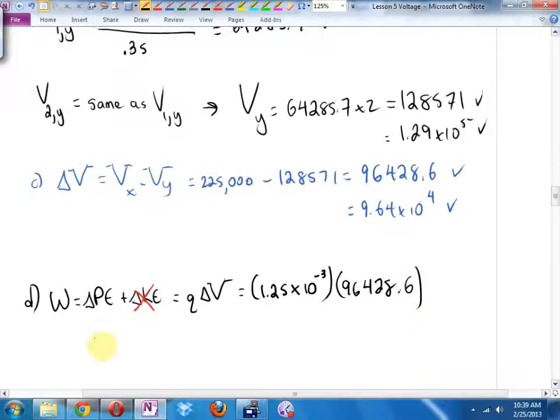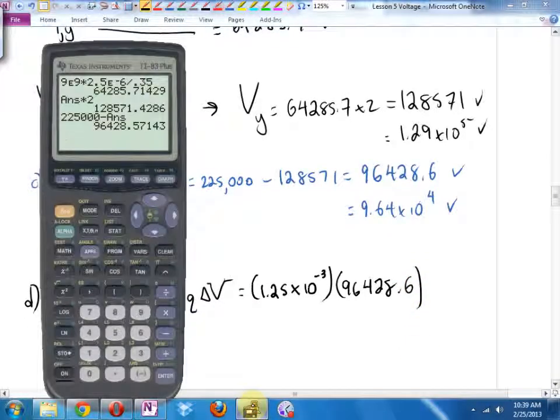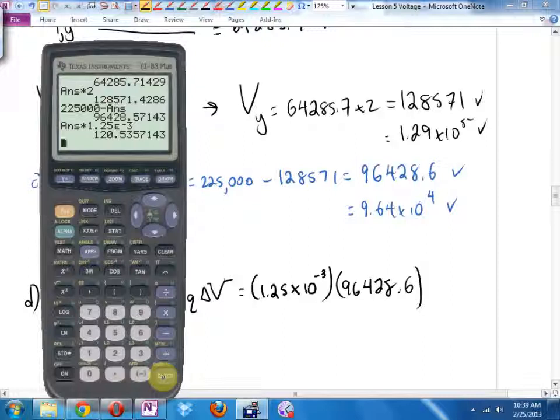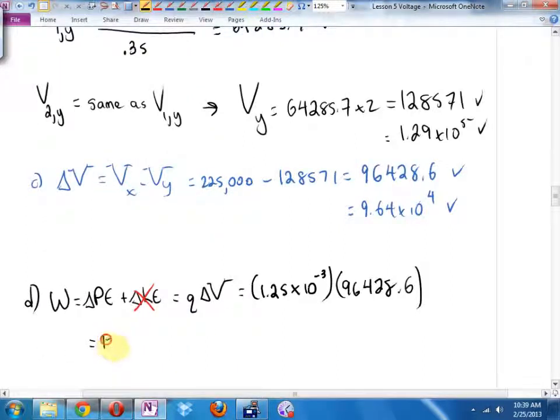Now, Cole, I would prefer not to round off, so I'm just going to go with this number, which is still stored on my calculator, times 1.25 times 10 to the negative 3. Even though I wrote Q times change in voltage, I went on my calculator, change in voltage times Q, since I happen to have the answer just sitting there. And I get 120.5, or 121 joules of work.